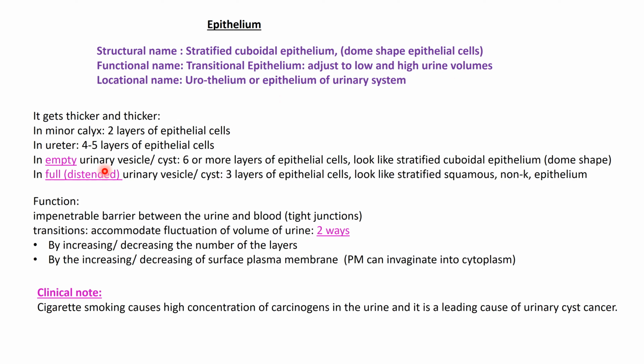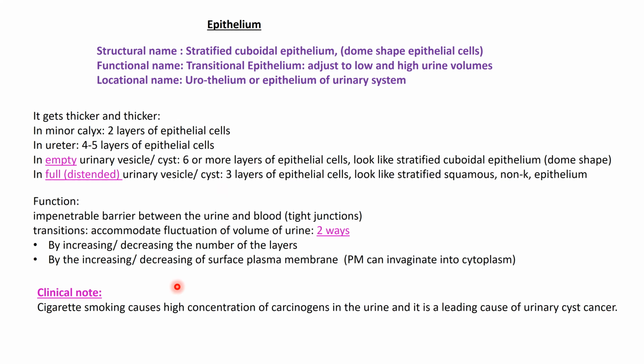Just one word here: as I told you before, it starts in the minor calyx, and usually it's thinner, only two layers of epithelial cells, and as you are moving forward, as the urine is flowing, it's getting thicker in the ureter and in the urinary vesicle.